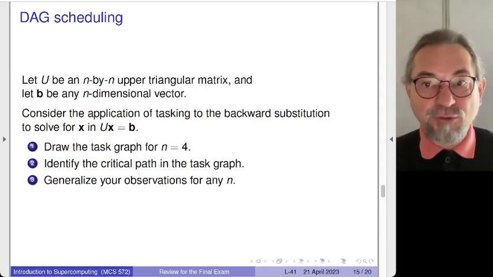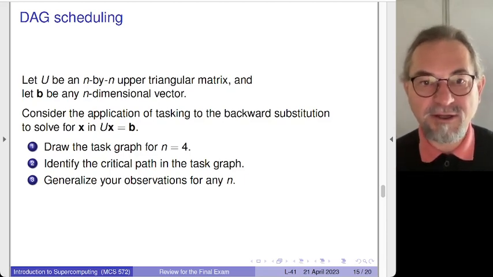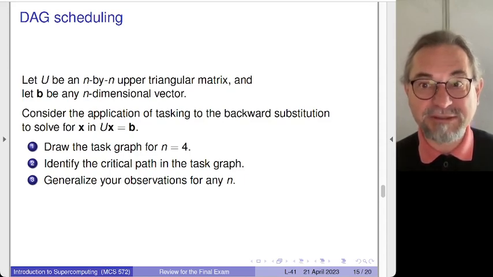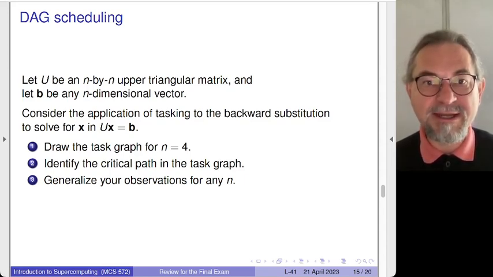So the first node is the computation of the diagonal of the last element in the vector x. And then the next three nodes, which can happen concurrently, are the update of the right-hand side vector.